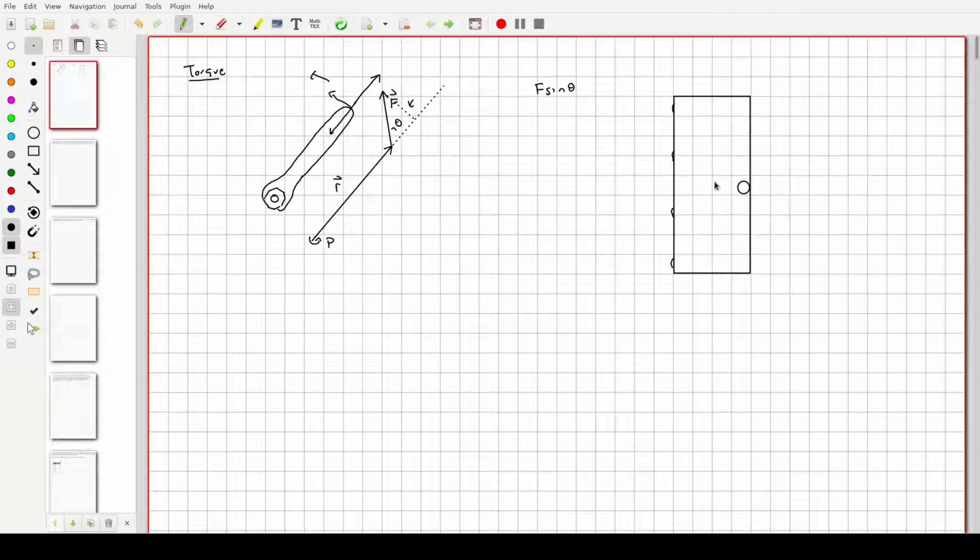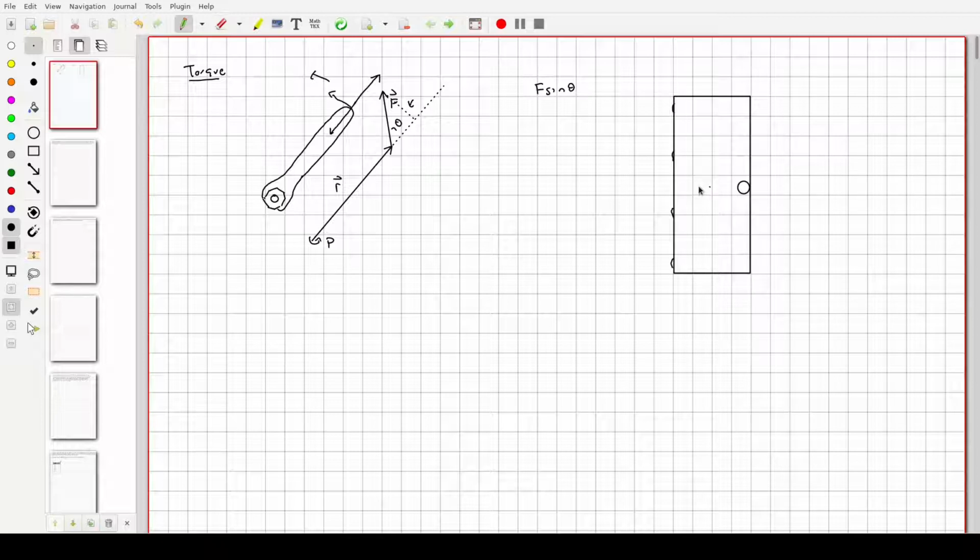You can actually try this experiment at home. If you open your door, say to your bedroom, and you push where the handle is to shut it, you'll notice that it's really easy to get it to shut. Next, open your door and push at the halfway point between the handle and the hinge. You'll notice that it's actually a little bit harder to get the door to shut than if you pushed out over here.